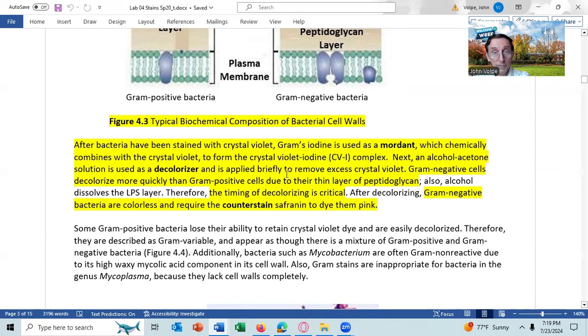It's applied only briefly to remove the crystal violet iodine complex. Gram-negative cells decolorize more quickly than gram-positive cells due to their thinner layer of peptidoglycan. So the timing of the decolorization is critical. Gram-negative bacteria are colorless, and to get them to stain, you need to apply the counterstain, which is usually safranin, which dyes the cells pink.